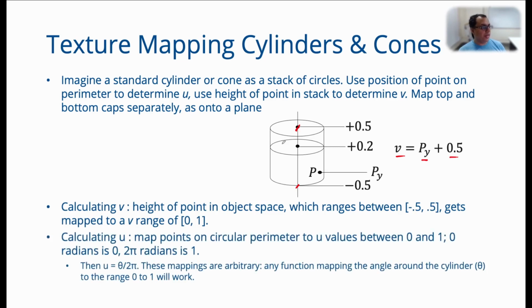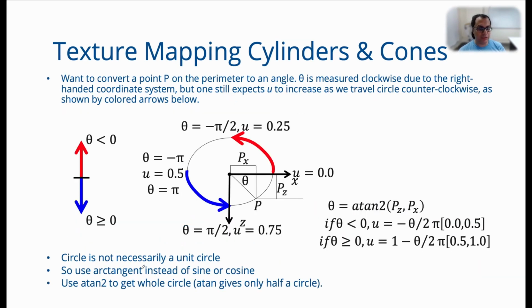For the U coordinate, we take an angle on the circumference of the circle at the height Py, and when you are taking the points on the surface of this circle, whatever theta value you get, that theta by 2 pi is used to figure out the U value. So we can see more details for this.